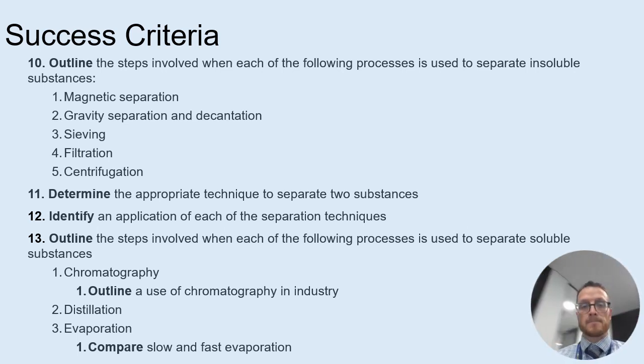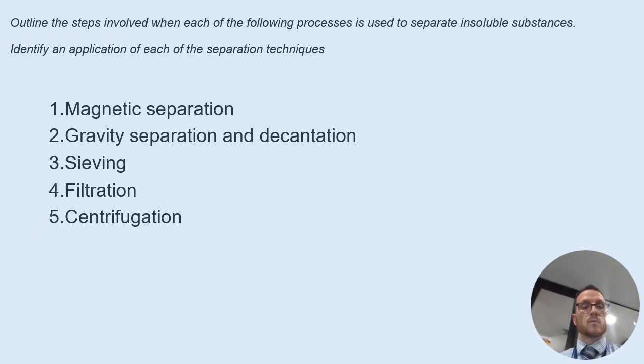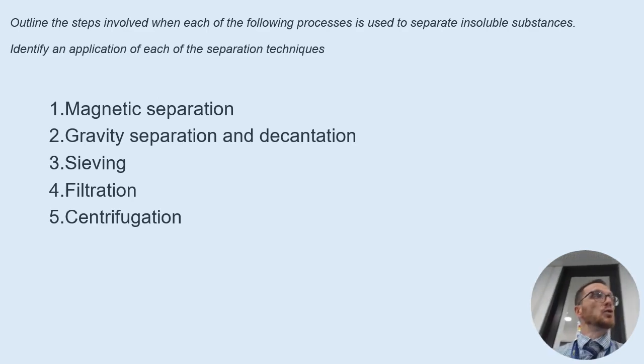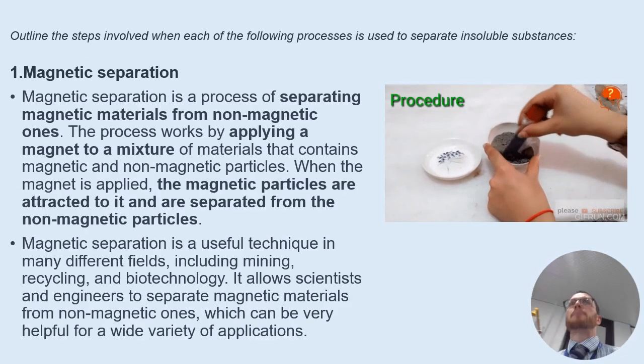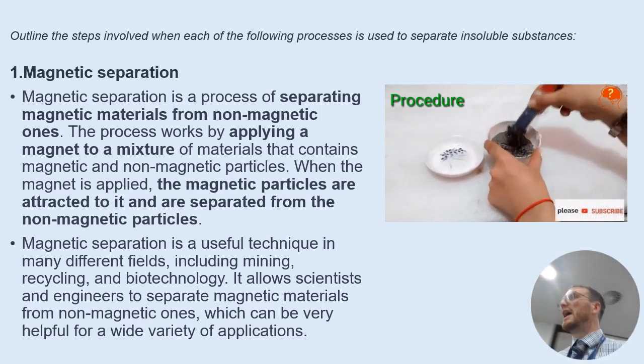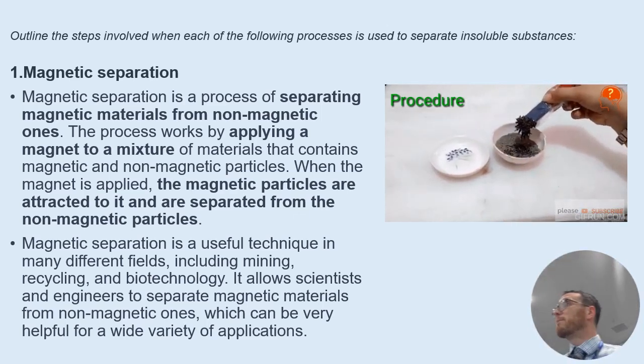Let's go through these. We're going to go through these 5 different techniques: magnetic separation, gravity and decanting, sieving, filtration, and centrifugation. Firstly, magnetic separation. As the name might suggest, what does the word separate mean?